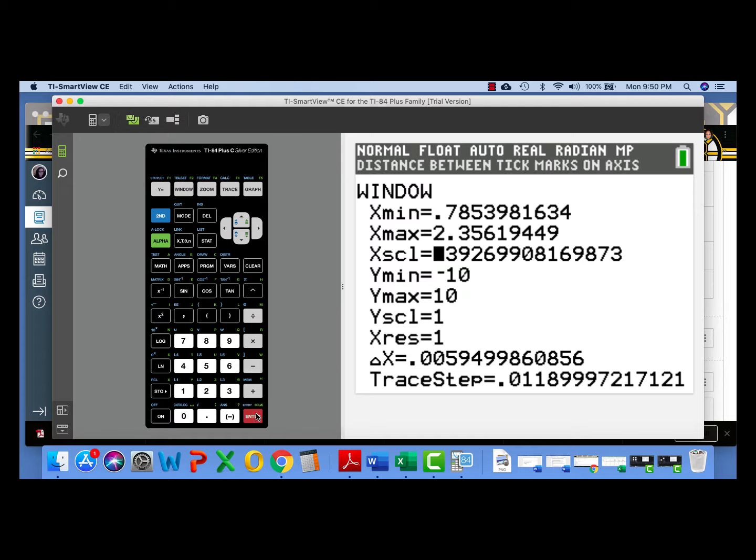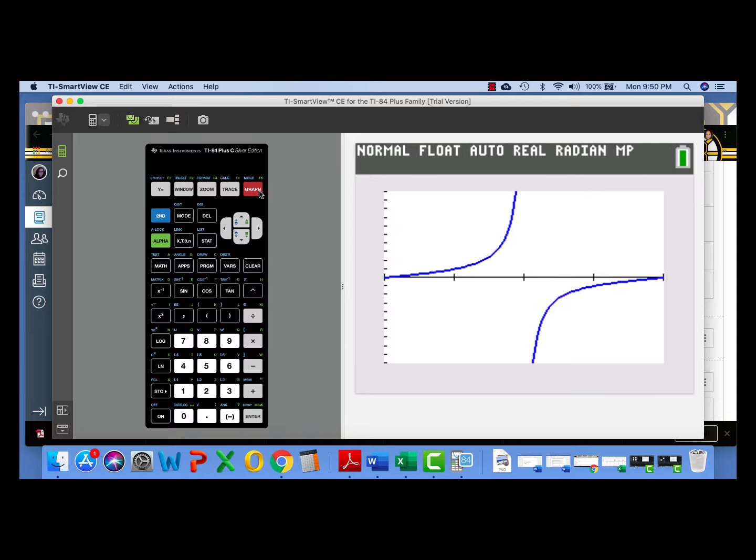We're going to do this on a scale of pi/8. And since we have an asymptote here, I'm going to leave it at -10 to 10 so that we can go out far enough to see what happens. Okay, now I'm going to hit graph. And if we did this correctly, we should see exactly what we just graphed by hand on our calculator. And it looks good.